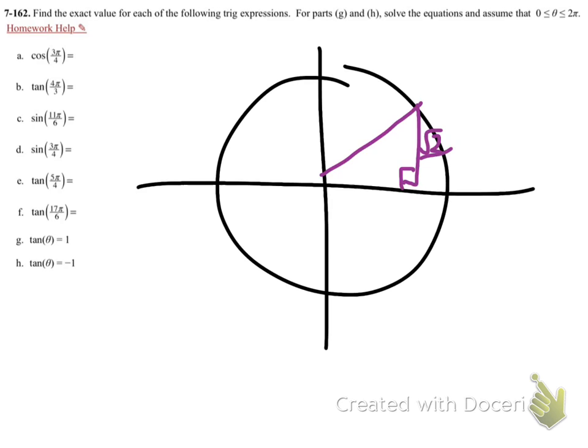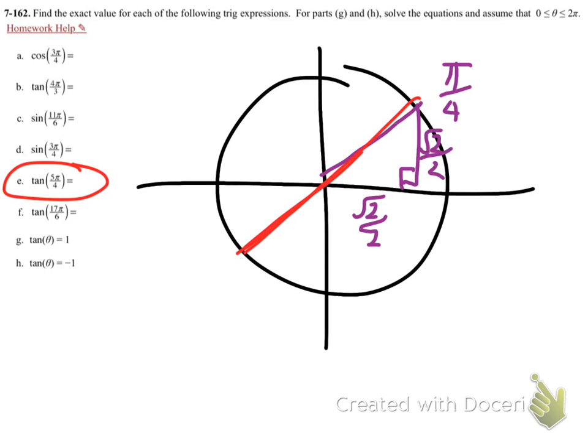If I have the square root of 2 over 2 and the square root of 2 over 2, that's going to give me a sine divided by cosine of 1. So that's at pi over 4. But I also have the same thing as we talked about in this problem here in quadrant 3, because now both my values were negatives. So in both of those quadrants, either pi over 4 or 5 pi over 4, I get tangent to equal 1.